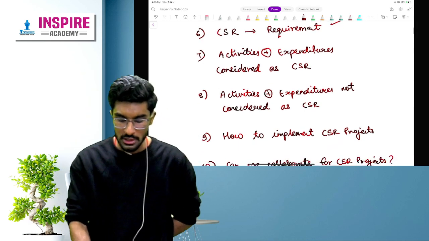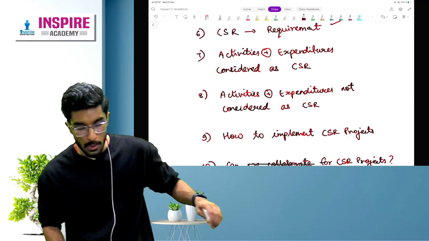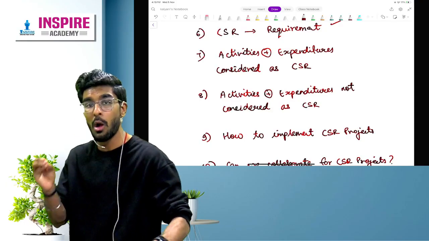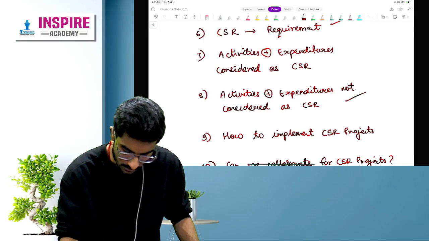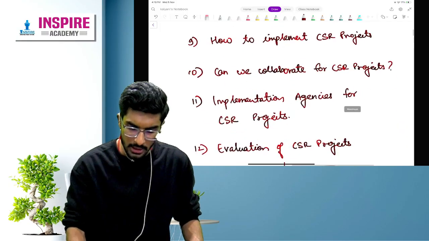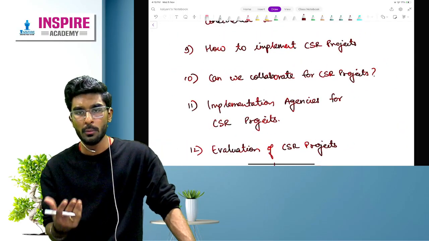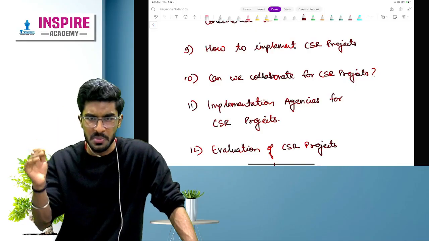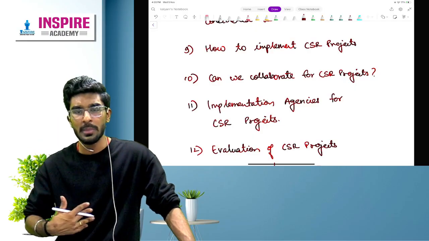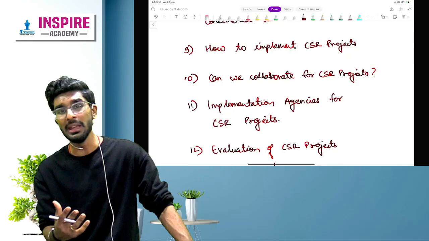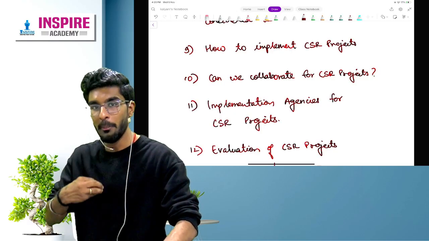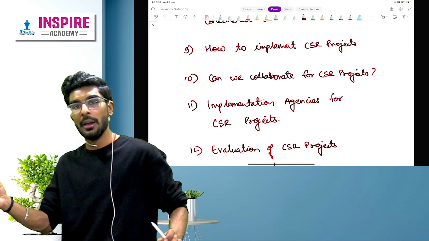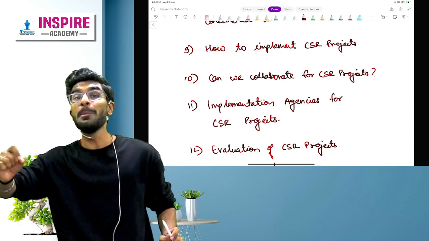And then we are going to understand what activities are covered under CSR, and what activities are not covered under CSR. Then how a company which is completely focused on its business can implement CSR: is it really important for a company to take some time off, or can it be implemented through an implementing agency?